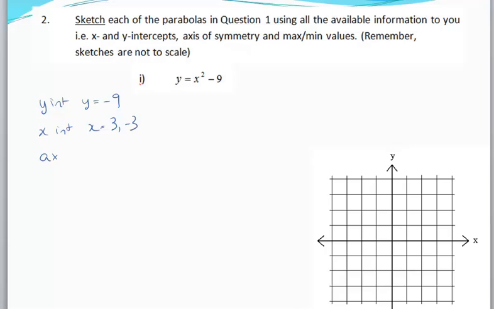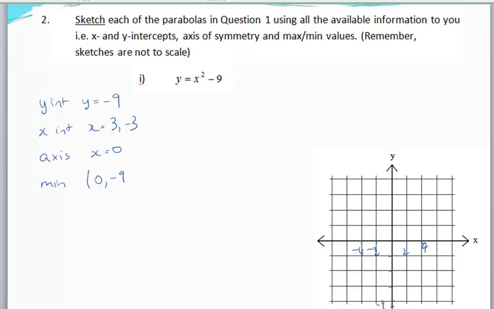Our axis of symmetry is at x equals 0, and we have a minimum at 0, minus 9 here. So we're going to say minus 2, minus 4, minus 6, minus 8, minus 9 will just fit here. And here we say 2 and 4, minus 2, minus 4.